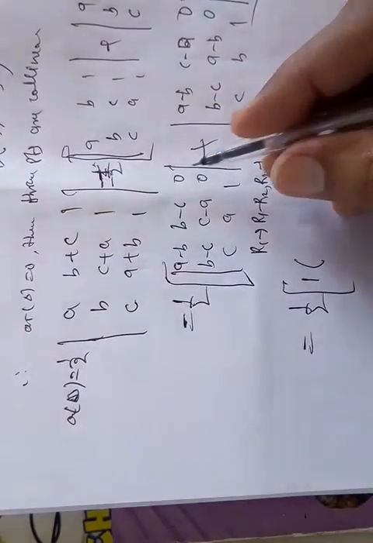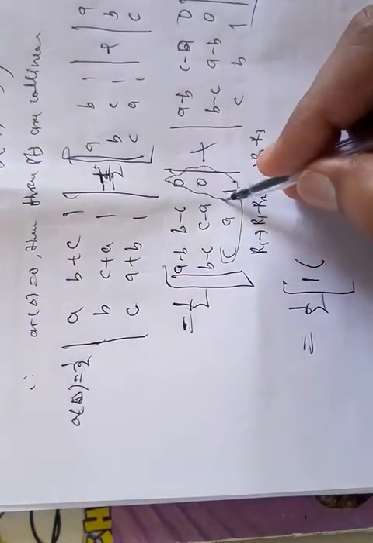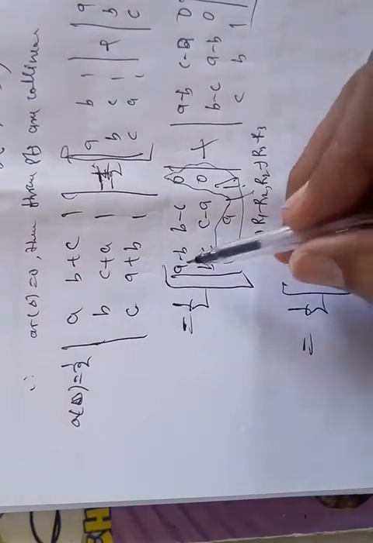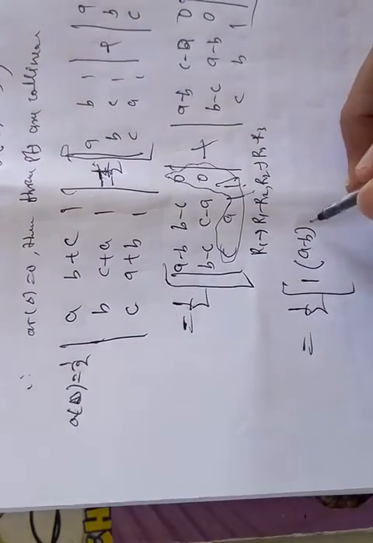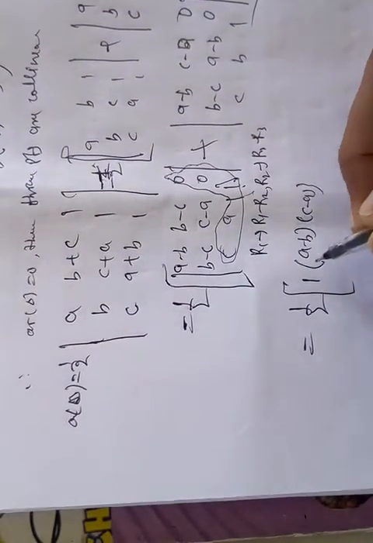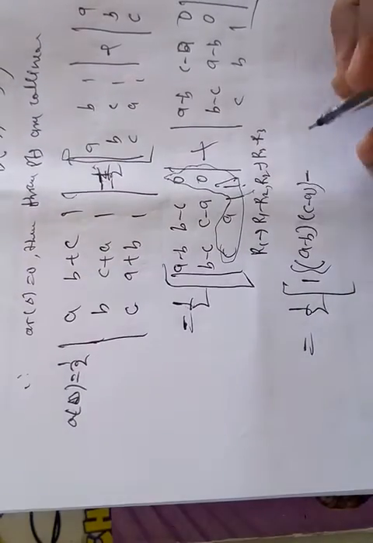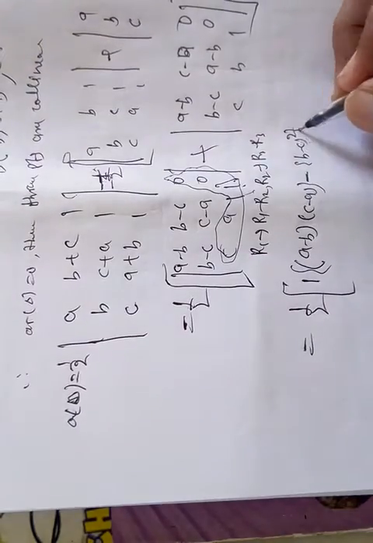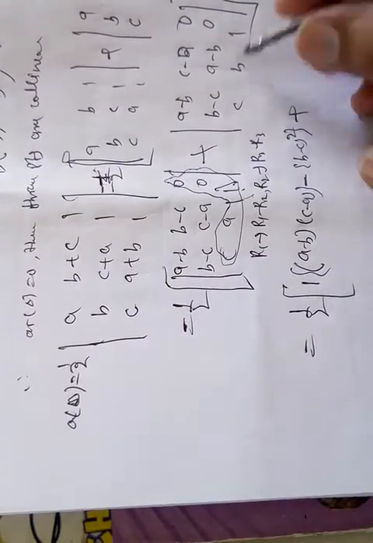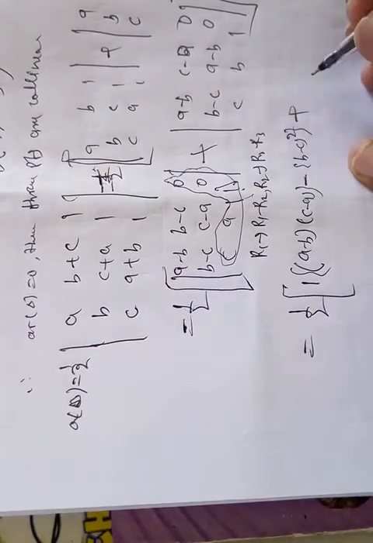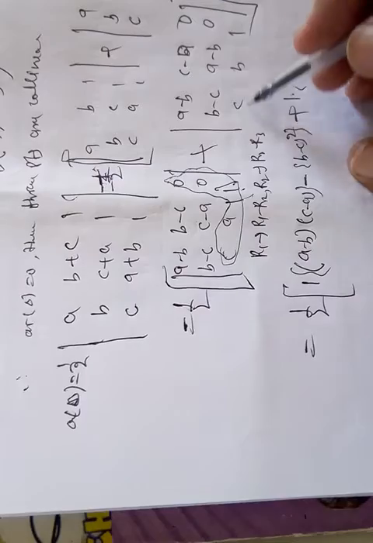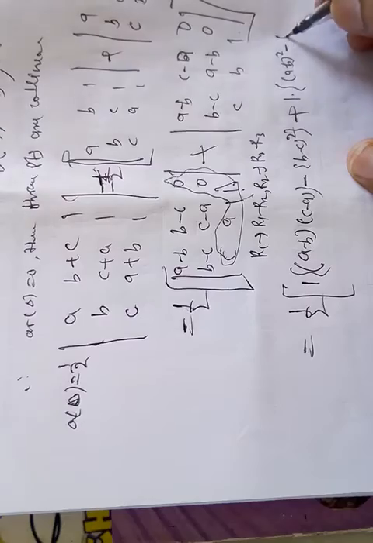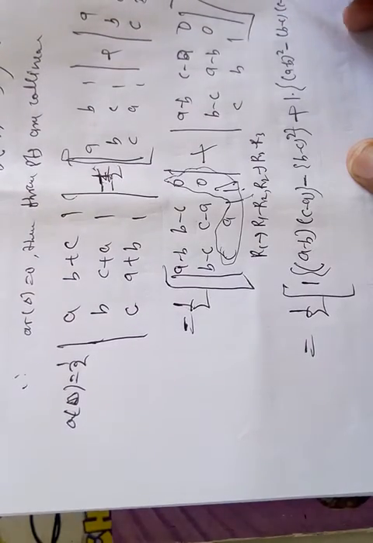So this 1, and the rest cancel. 1 into (a minus b)(c minus a) minus (b minus c) whole squared, plus the other value, where the row cancels: (a minus b) whole squared minus (b minus c)(c minus a).